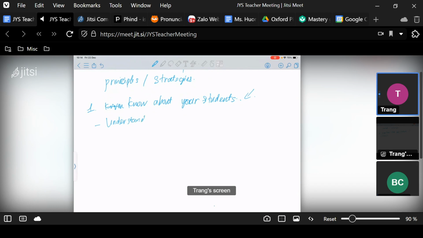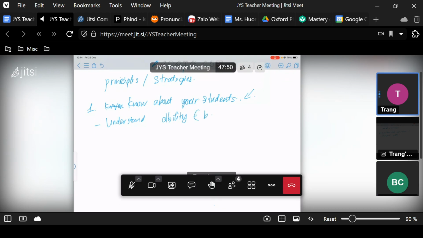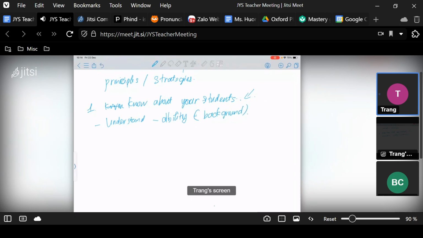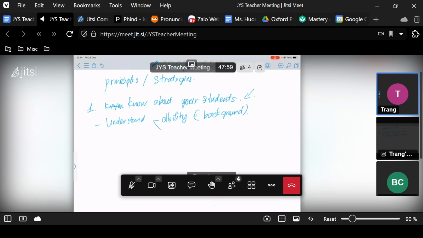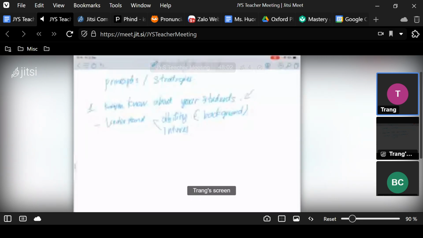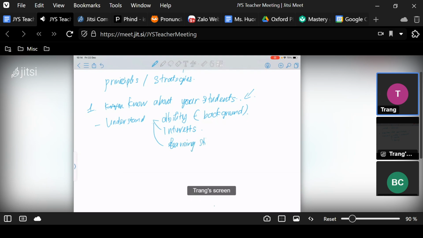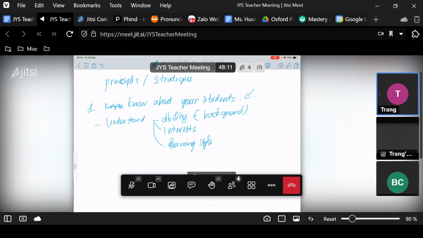Right, ability. What else? Their background. And the next one, we can know about their interest and their learning style.